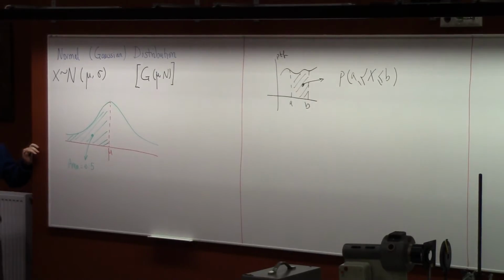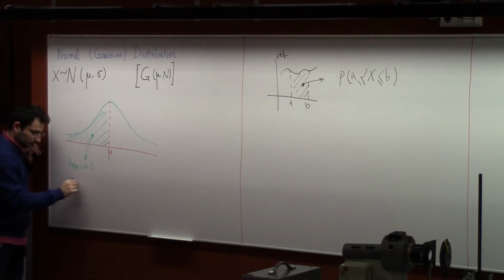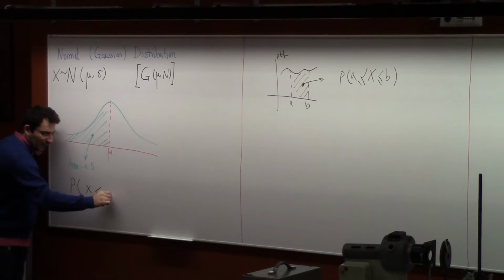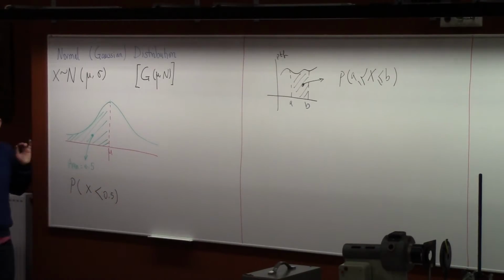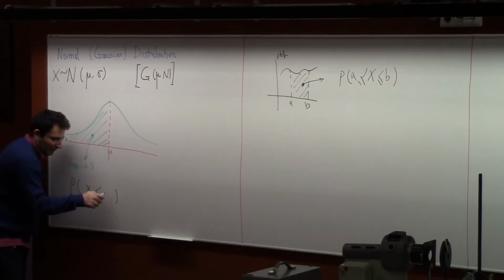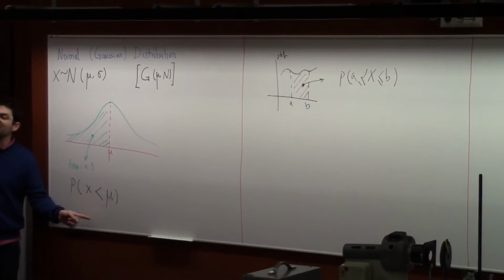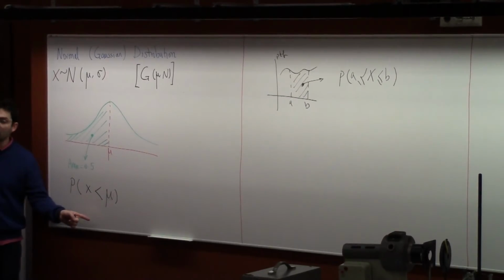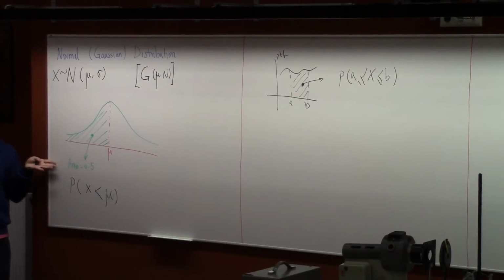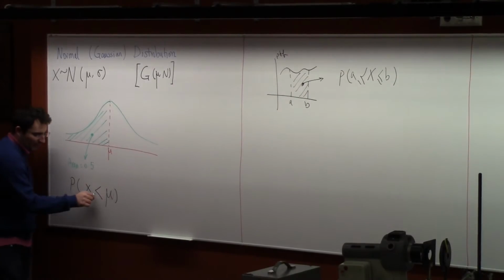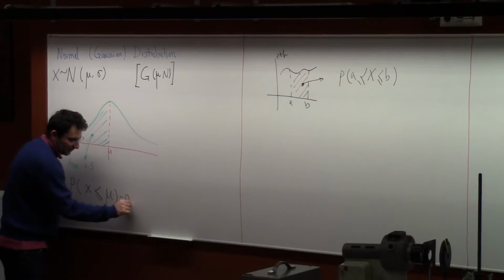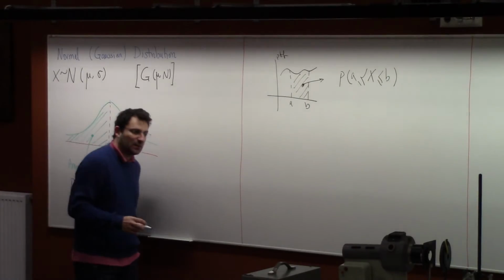The probability that the random variable is less than mu, I wrote 0.5 and I meant mu. The probability of x less than mu, whereas we know it starts from minus infinity, you can always put equality, is equal to 0.5.